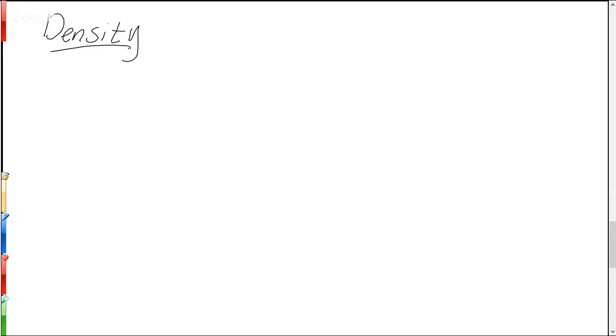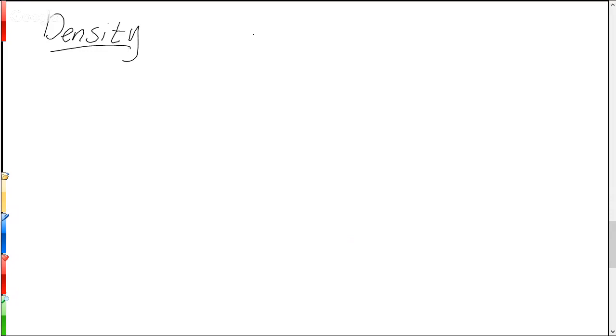Does anybody know what density is? The mass of an object? Kind of, yeah. It's a ratio between two things. One of those is mass. Anybody know what another one is? Volume, yeah. So it's a way of expressing how much space a given amount of matter takes up.